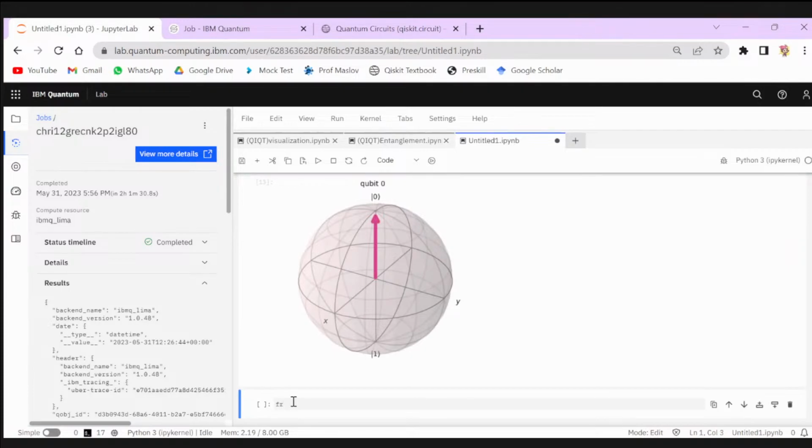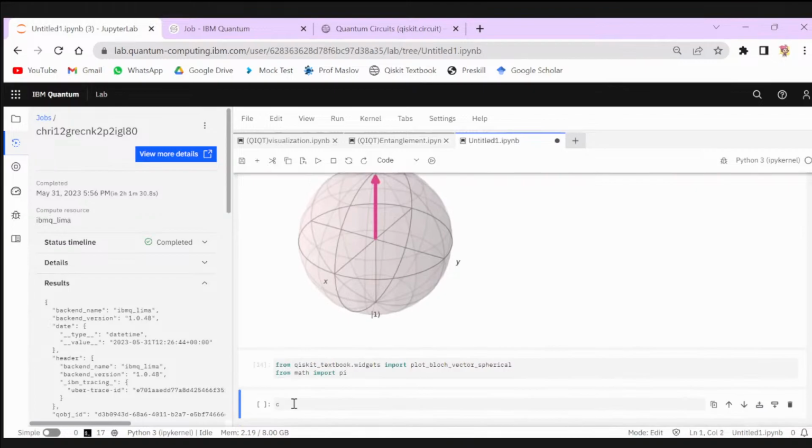For this we need to import some function. So let's define the coordinate, and the radius is 1.